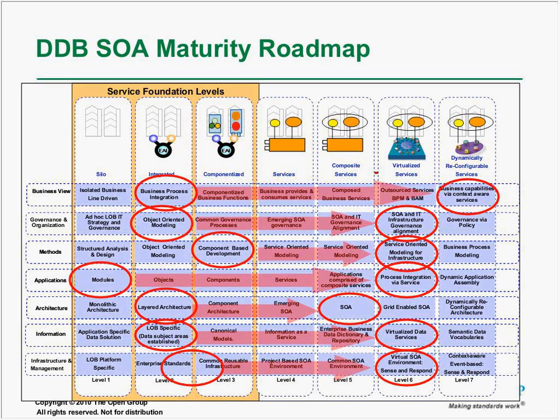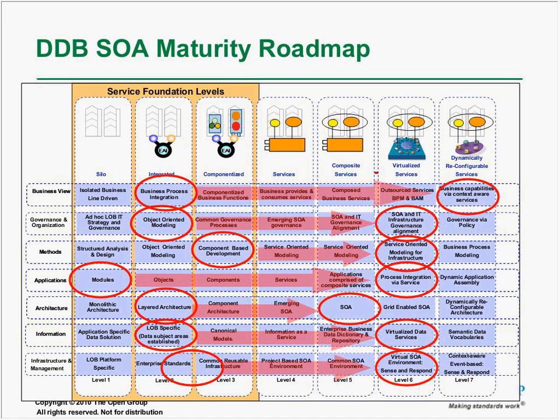ITIL would be one element your organization might consider when defining maturity and loading the model with respect to the infrastructure and management layer. It may be that you want certain ITIL processes or techniques to be used across the organization as part of your vision. But adopting in an all-or-nothing strategy is probably not going to be successful.